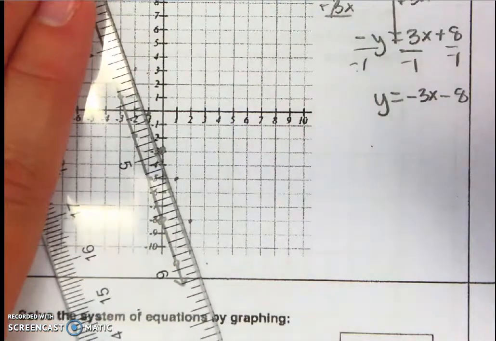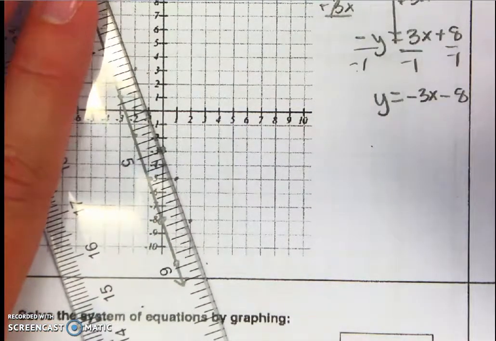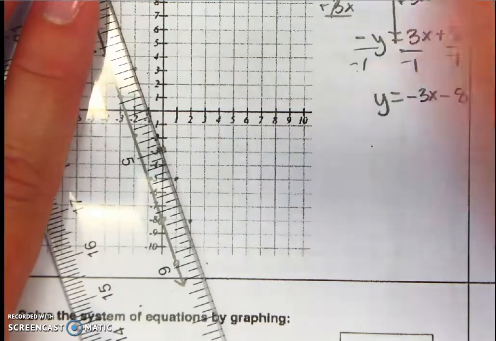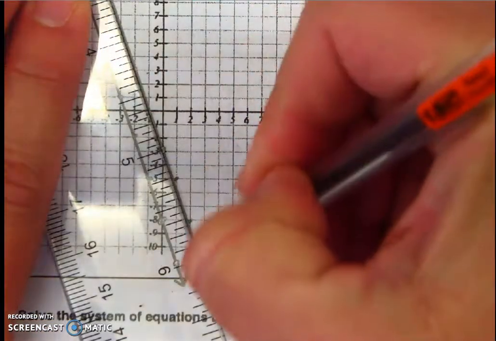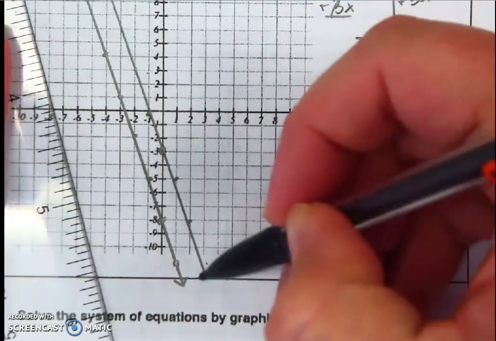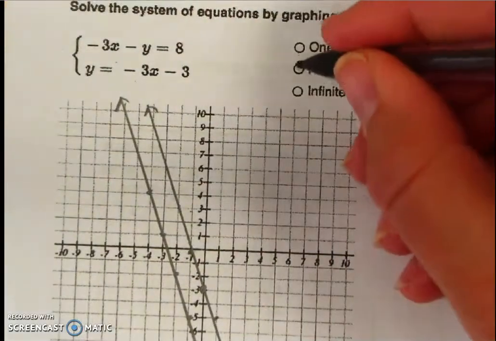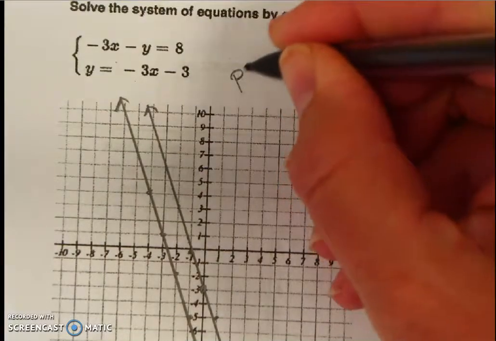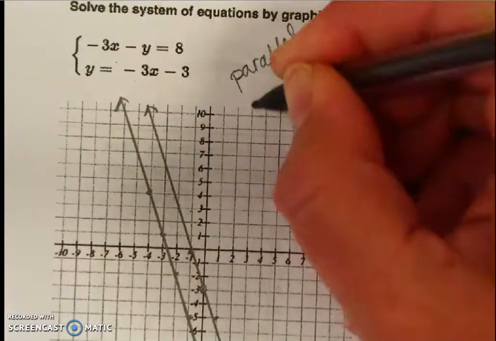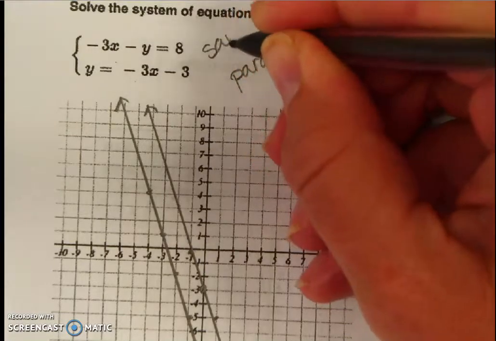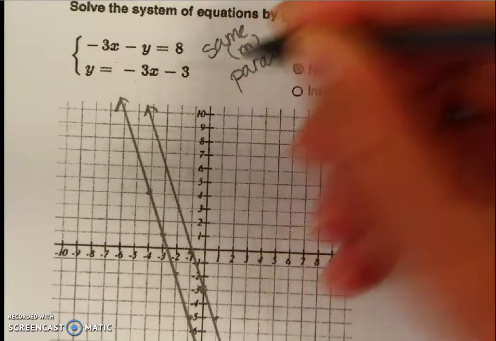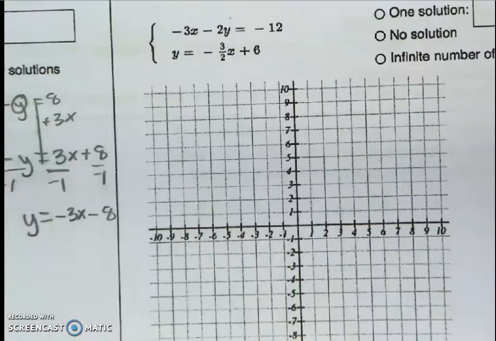So that should have sounded familiar because these slopes are the same. And what do we know about things with the same slope? Are those lines ever going to cross? No. This one is a no solution. And we can write in, it's because they're parallel. Same slope. Okay, let's move on to the next one.